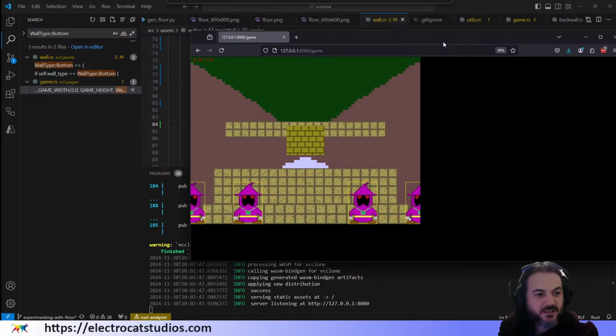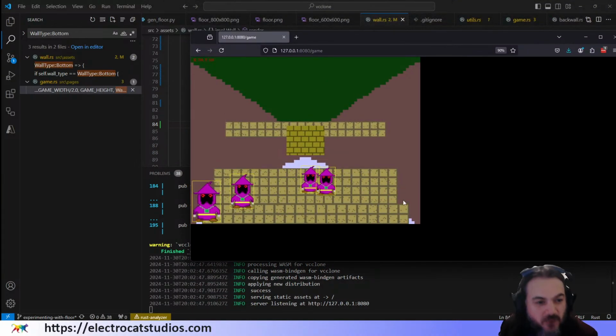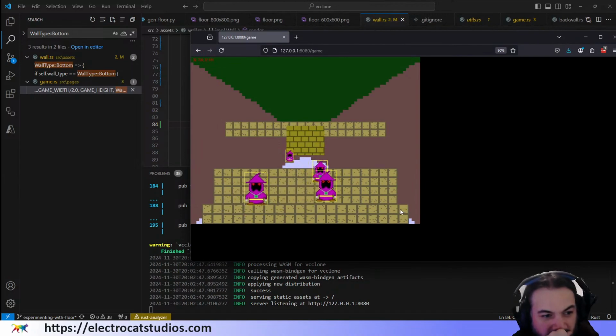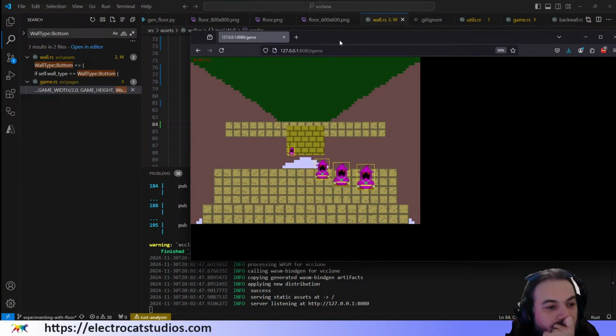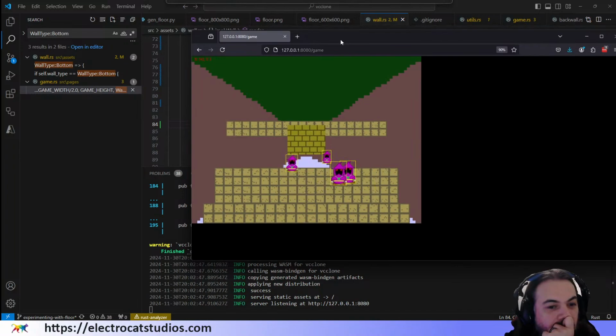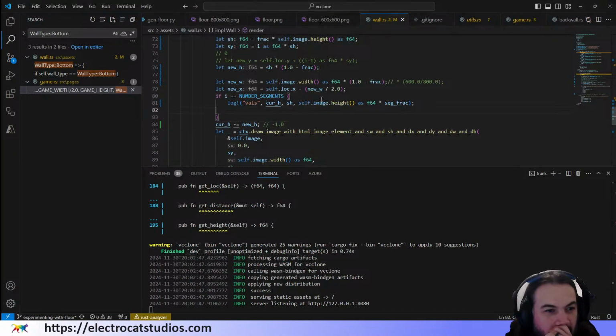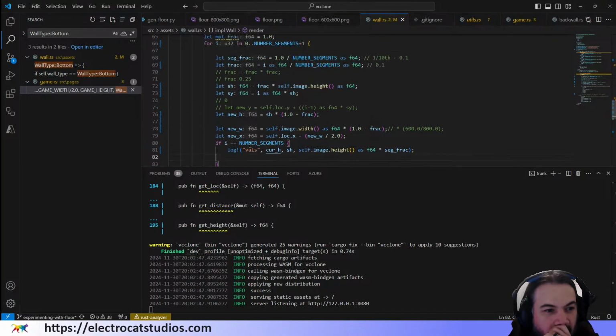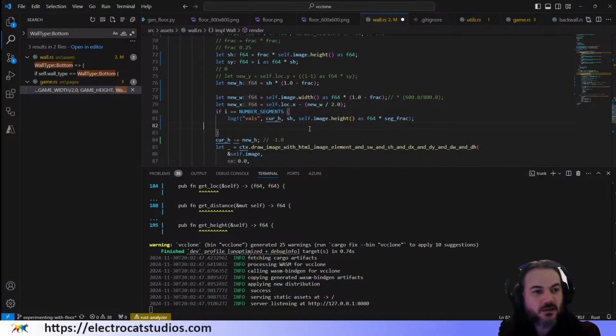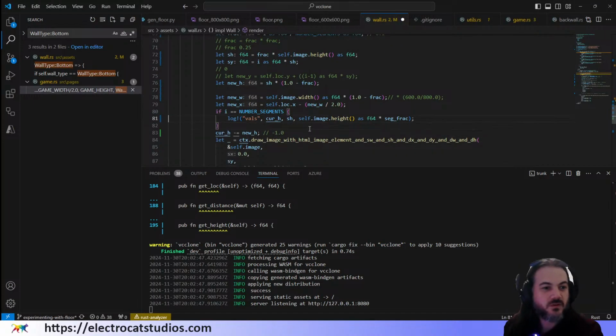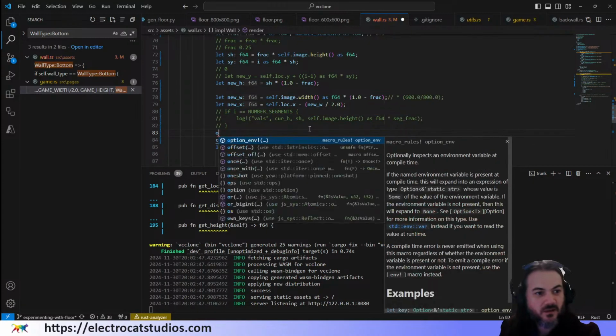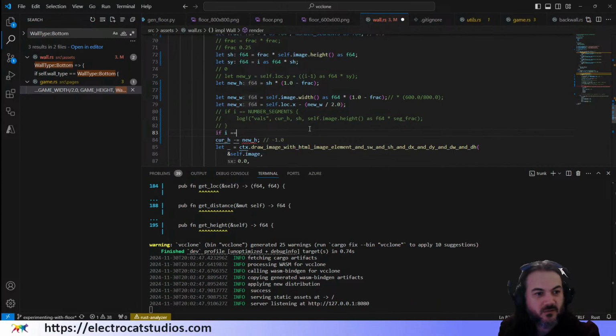Okay, well that did something, and it looks like we're almost getting our 100% there. Let's comment this out and do the if i equals 0, let's stick some debug in there.